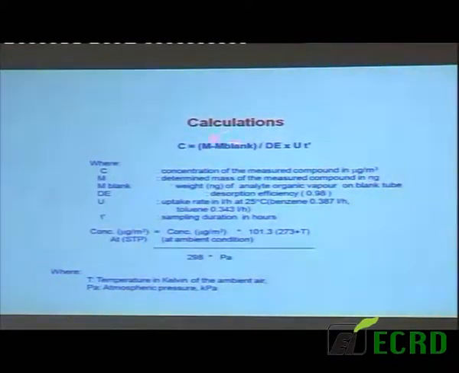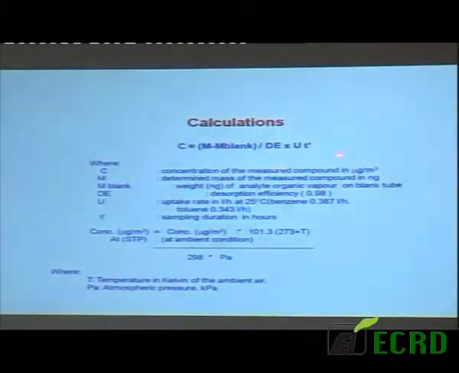This is the calculation for passive sampling, because you don't know the flow rate. So there are some dimension-based and some constant-based calculations. You have to calculate how much air has passed through those passive samplers, and these values are provided by those standard companies, and you have to use them in this formula.